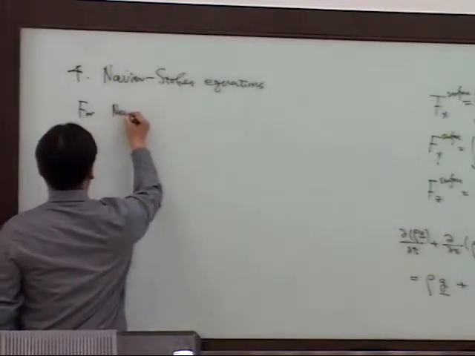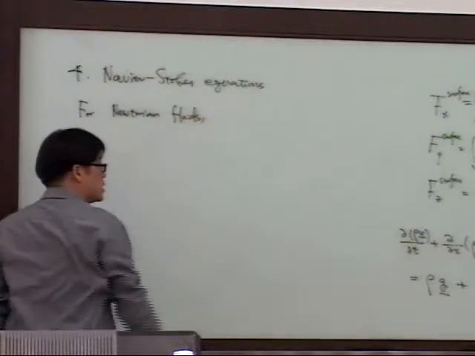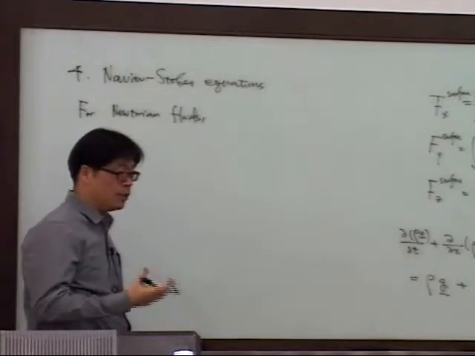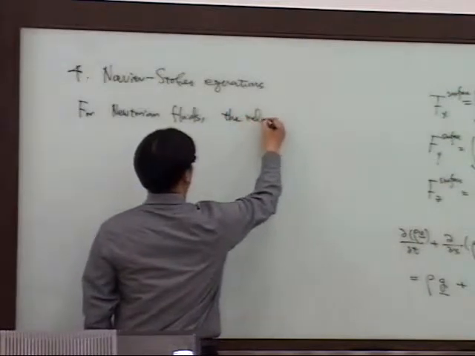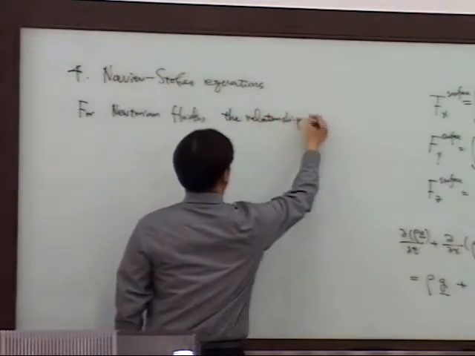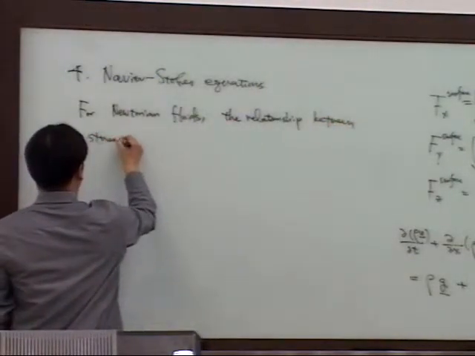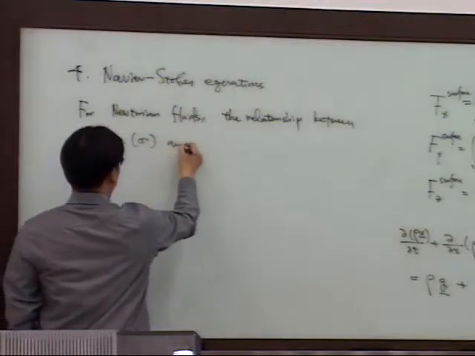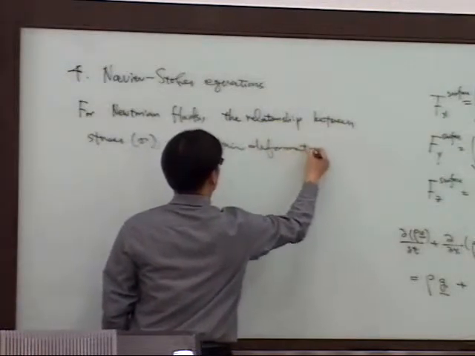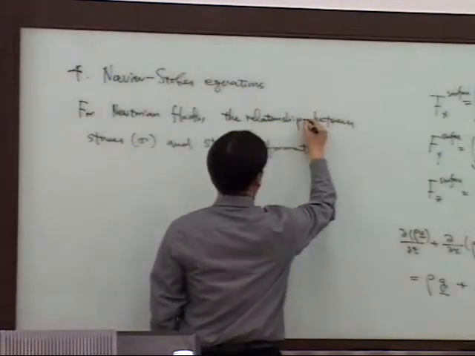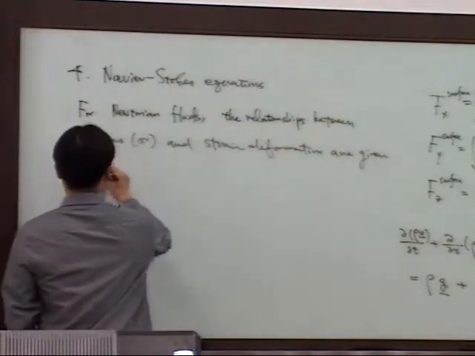For a Newtonian fluid, this is a fluid which has a linear relationship between stress and strain. The relationship between stress, which is sigma, and strain deformation are given by the following.